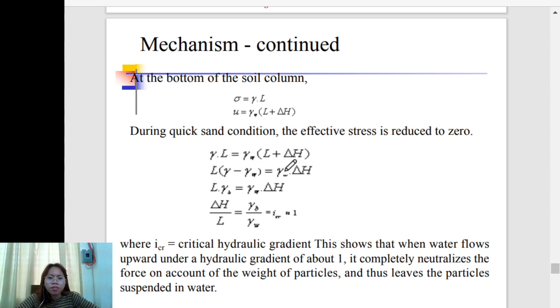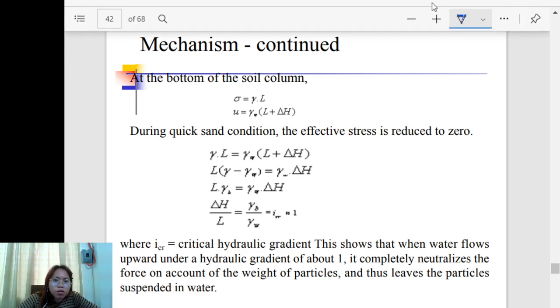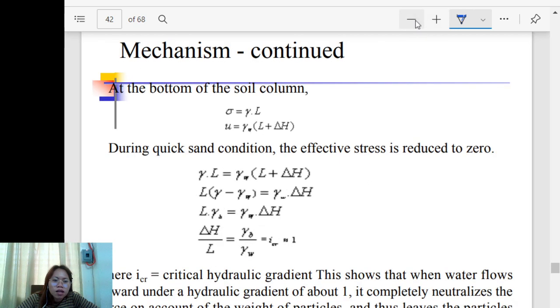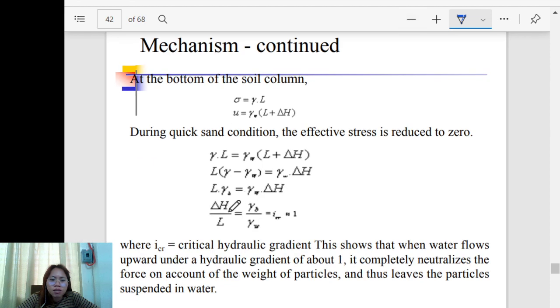So the critical hydraulic gradient is equal to delta H, the head loss, divided by L, the path of the water in the soil, which is equal to the buoyant unit weight of the soil divided by the unit weight of water. That is equal to the critical hydraulic gradient in the quicksand condition, no?